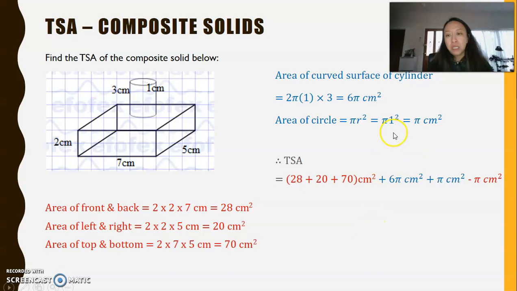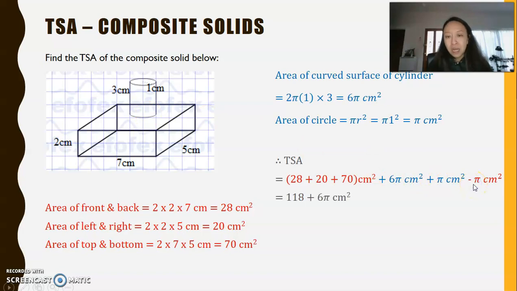So this is right here. And then you have to always remember to take away the part that is covered, that's in between here. This pi centimeter square is the area of one circle, and this circle is the part that's joining the cylinder and the rectangular prism. So this cannot be counted. We have to take them away.